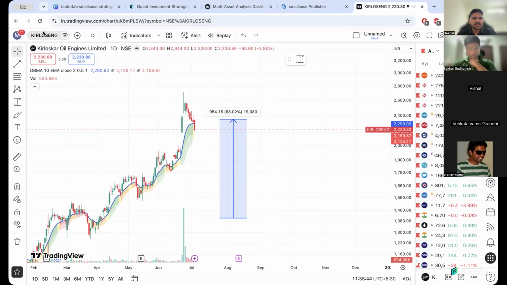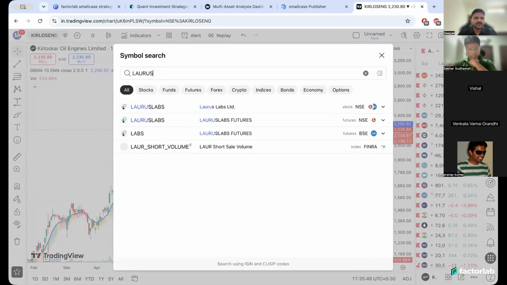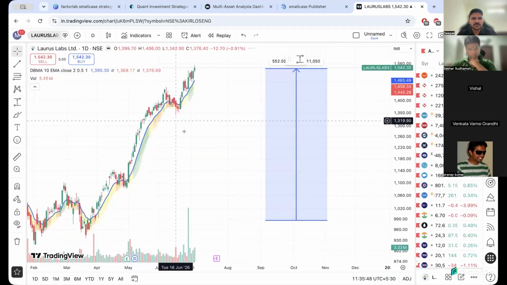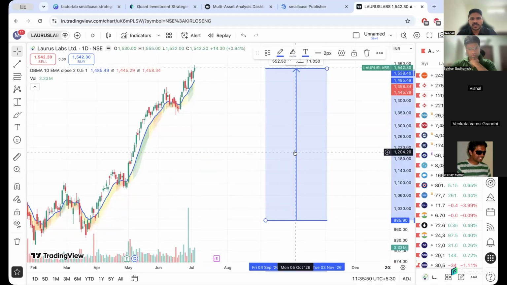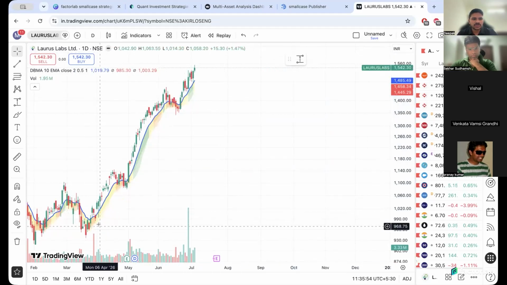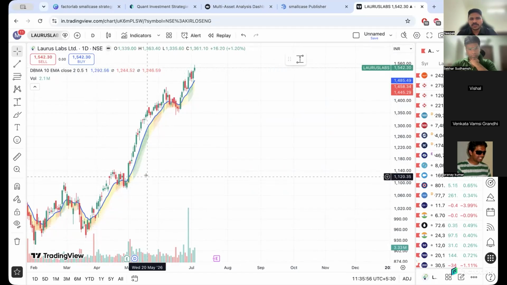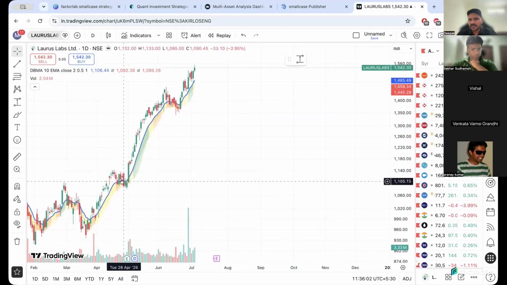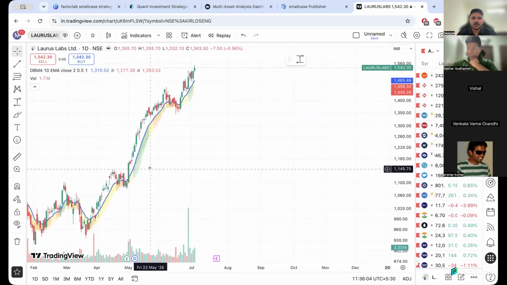The second one is Loris Labs. This also has done pretty well. We've held this since again March 2026. I think in one of the rebalances we exited, but we re-entered again when it was testing the ground here.